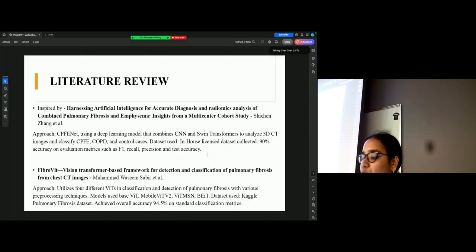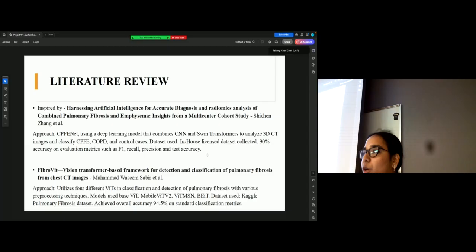Apart from that, they quantified the CPFE score, and they used an in-house licensed dataset, so I was not able to find those datasets. If the licensed dataset were available, we could do more research on how to quantify and predict.